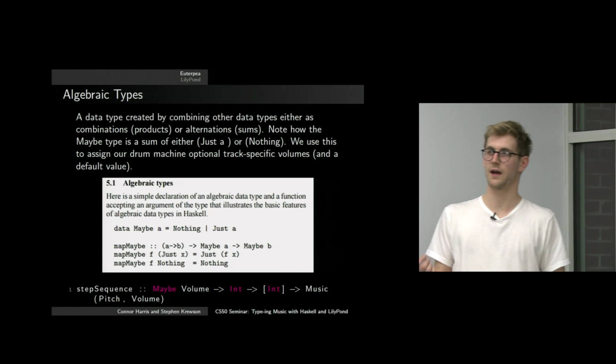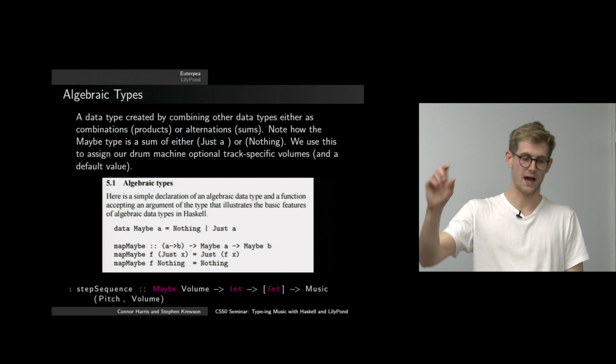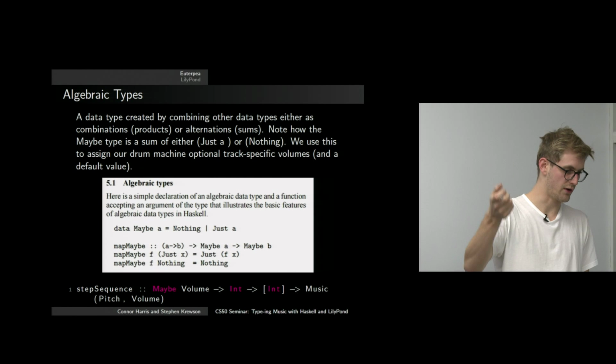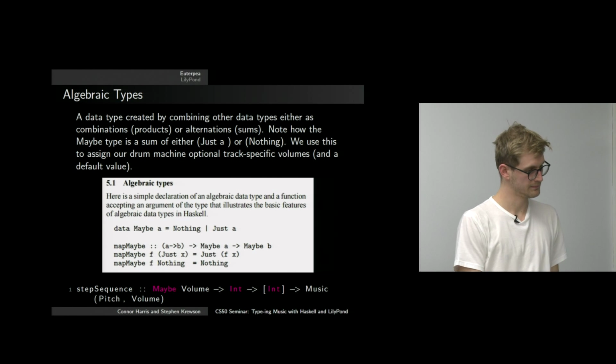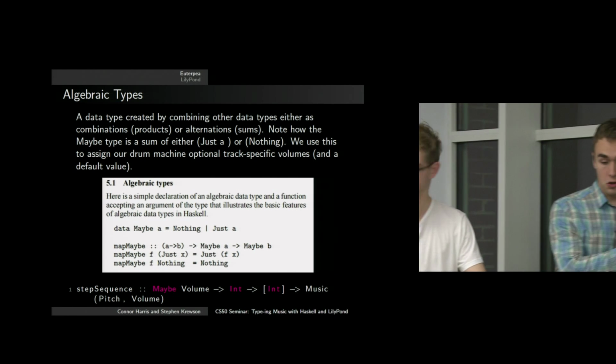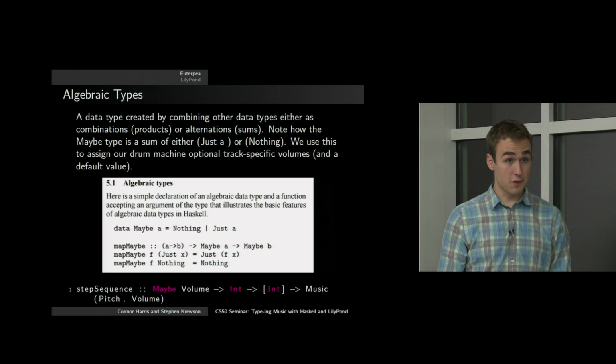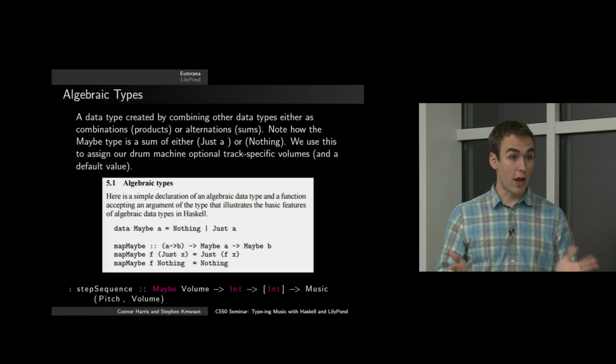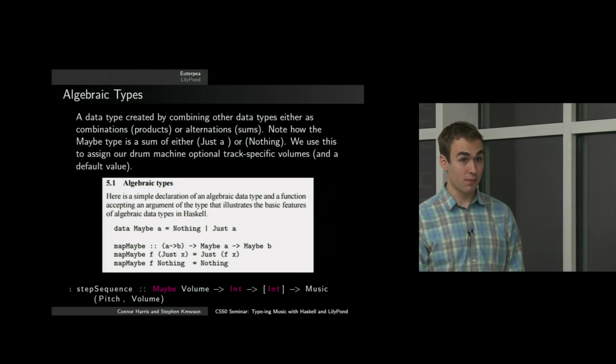So that gives us a way of having an EQ or volume on a particular channel. In other Haskell examples, you might see Maybe used for functions that might fail. This is a common one. And you can supply some sort of error message as a default. That's particularly handy when you're doing I/O in Haskell, which can be tricky.